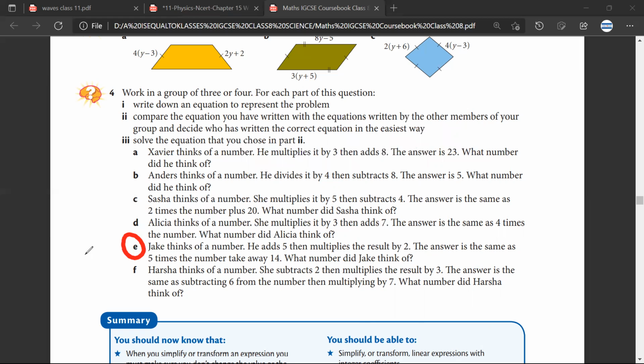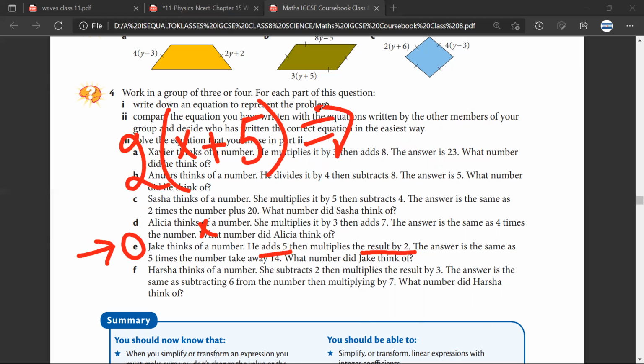So Sarthak, next part. 5 plus x, into 2, equals 5x minus 14.